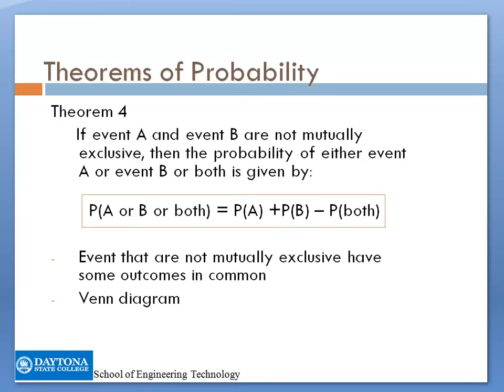So now let's understand theorem number 4. This one is for not mutually exclusive events. So this means that if an event A and event B are not mutually exclusive, and this means that the occurrence of one event doesn't make the other event impossible, then the probability of either event A or event B or both is given by the probability of A plus the probability of B minus the probability of both.